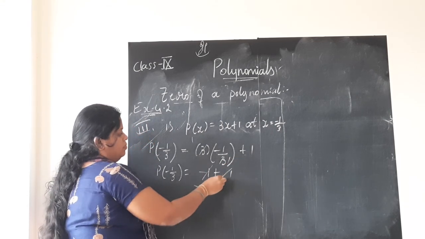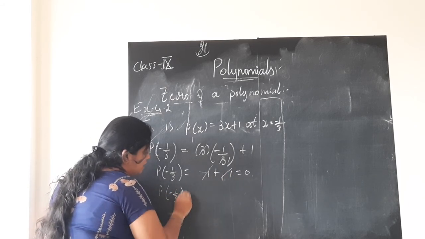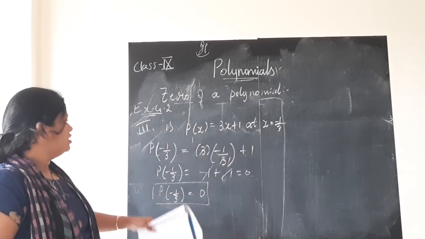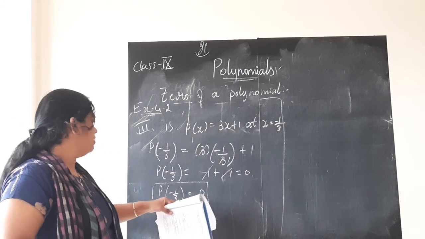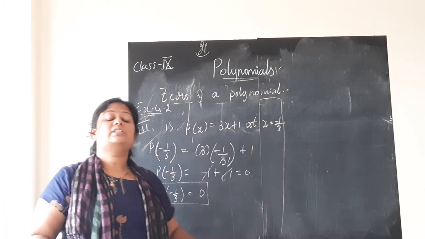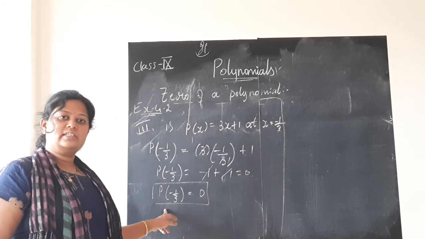See, minus 1 plus 1 gets cancelled means 0. So if at all you are getting P of minus 1 by 3 to be 0 on substituting the value of x to be minus 1 by 3, then x is equal to minus 1 by 3 is called the 0 of a polynomial.